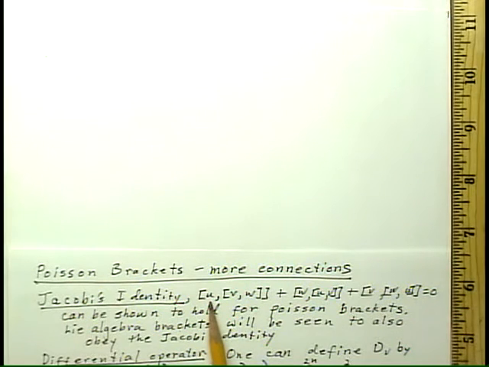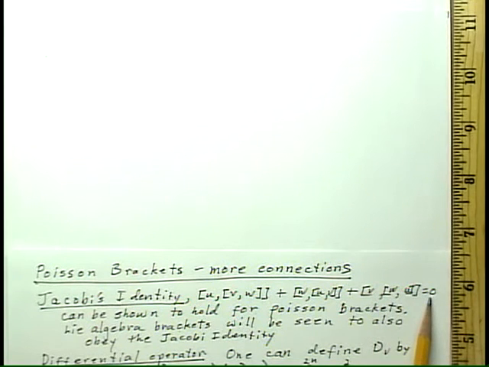The Jacobi identity between three functions, u, v, and w, is the bracket of u with the bracket of v and w, and thereafter a cyclic permutation of u, v, and w over its three cyclic permutations. So we first write u, v, w, then v, w, u, and then w, u, v like this.